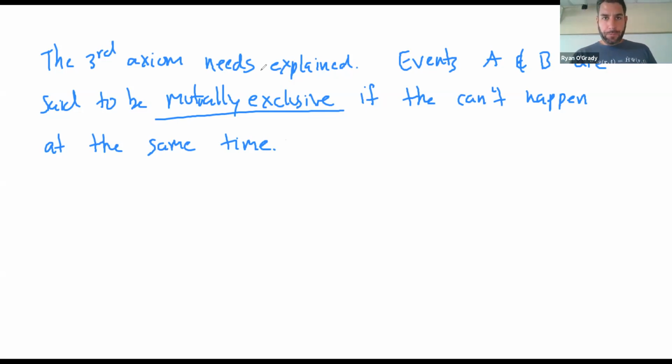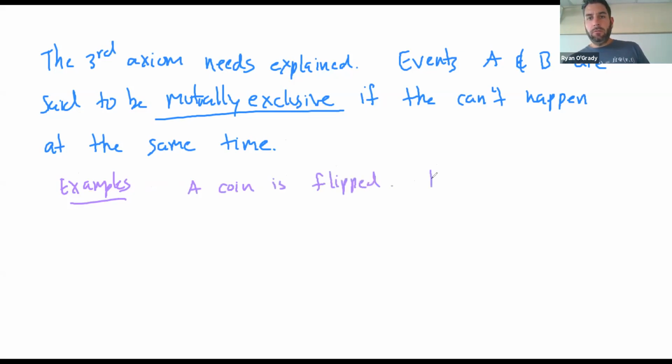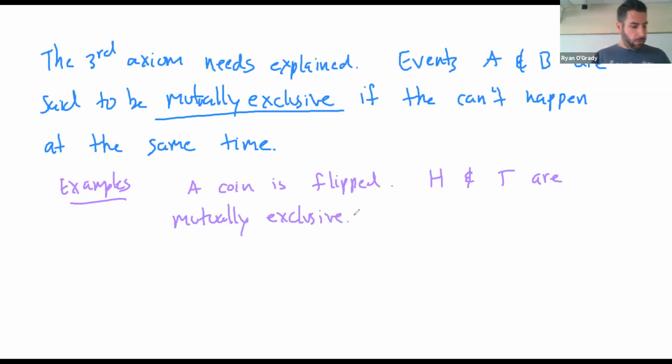So real quick, let's look at this in terms of examples. So a coin is flipped. Heads and tails are mutually exclusive. A die is rolled.